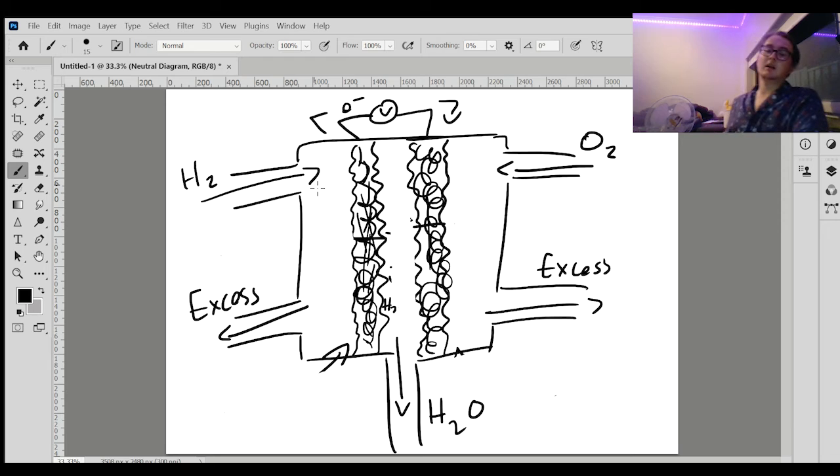Now, considering that this hydrogen fuel cell is one of the more common ones, there's an entire point on the study design that talks about storage, production, and transportation of hydrogen. Those are fairly easy to understand. So production of hydrogen is usually from methane.